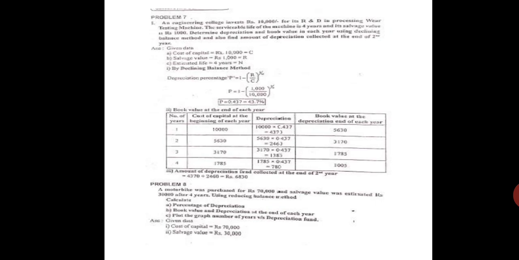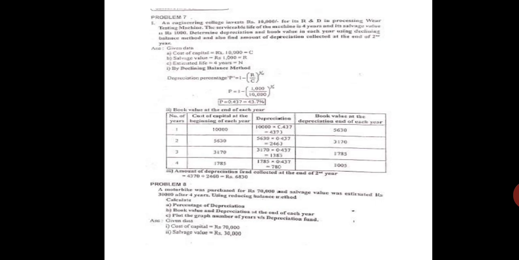When I remove 2,460 from 5,630, the balance value is only 3,170 rupees. So after first year the value reduces from 10,000 to 5,600. Second year from 5,600 rupees it comes to 3,170. Third year the value is only 1,785 and final year the value is only 1,000 rupees.